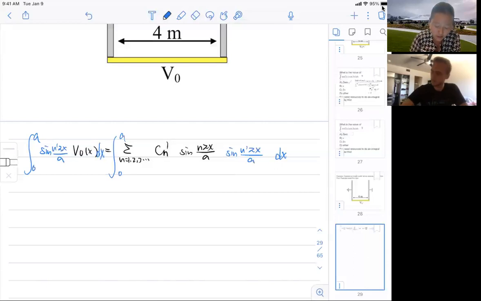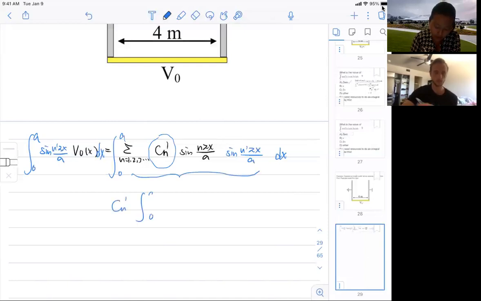All right, so all we are trying to do is peel the Cn out of this big mess. By multiplying both sides by sine and doing the integration, we're able to pick Cn out of it. So the right-hand side becomes C's of n, integral 0 to a, sine of n pi x, sine of n prime pi x over a.